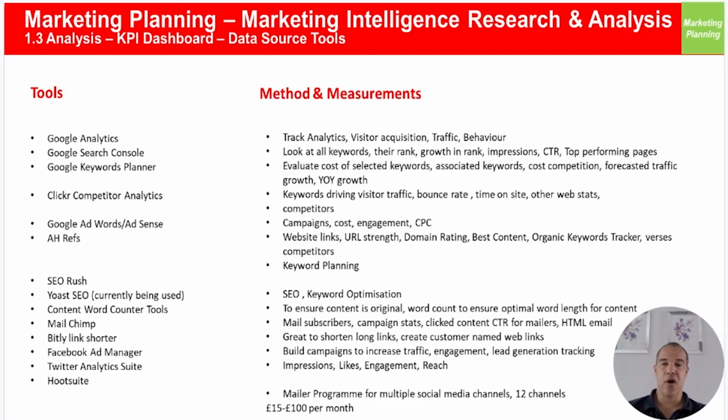Other tools in the market is SEO Rush. There's Yoast SEO, that's a plugin that can be applied to a WordPress website, and that does a similar thing. It helps you in the back end of your website develop the best page structure and the best tags that you can associate to your page to make sure that your website is as optimized as possible for your target keyword.